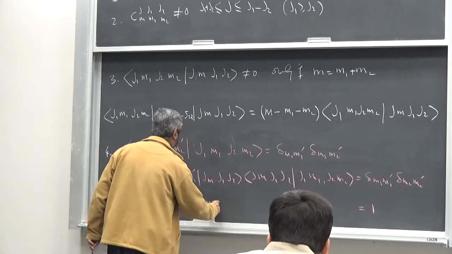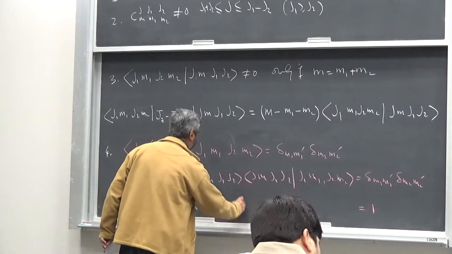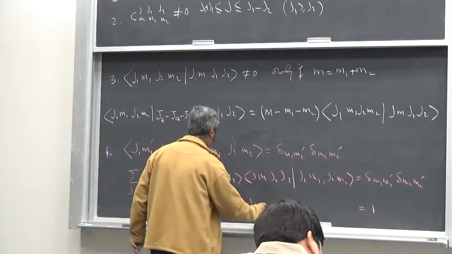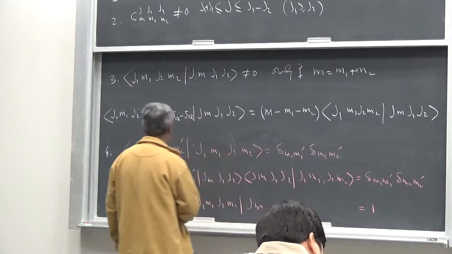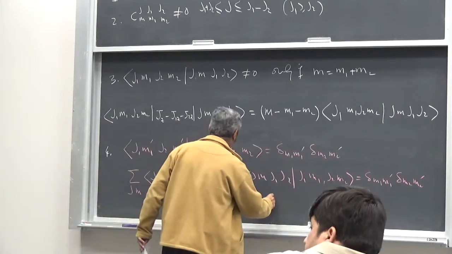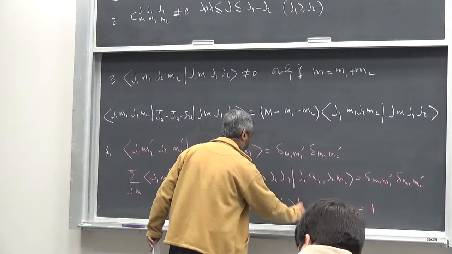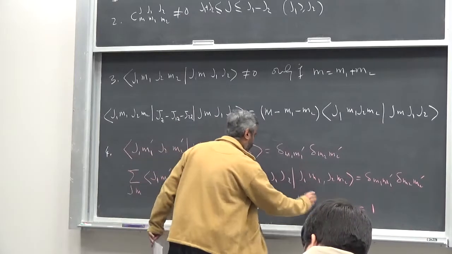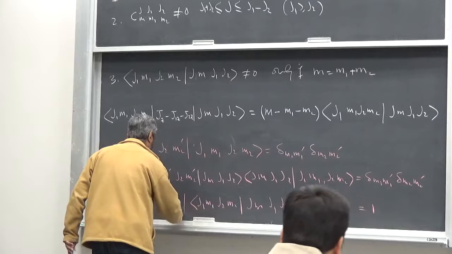J1 M1 J2 M2 JM, J1 J2 square sum over J.